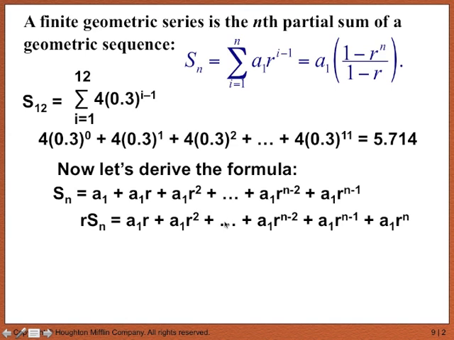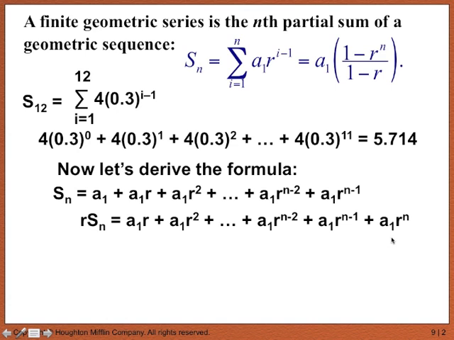All right, so I can see that the only difference between the first line, which is S sub n, and the second line, which is r times S sub n, is that each term in the second line is multiplied by an extra r. And so what we end up with is two lines that look very much the same, and the only thing they differ in is the first term of this first line and the last term of the second line.